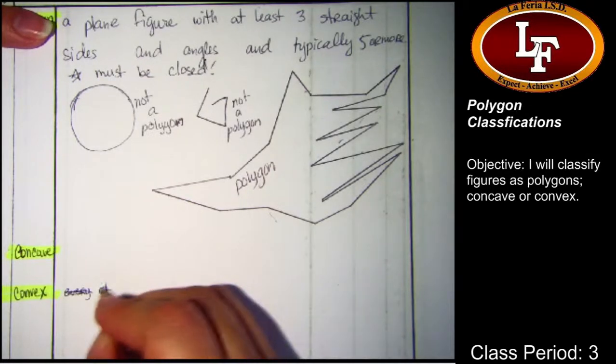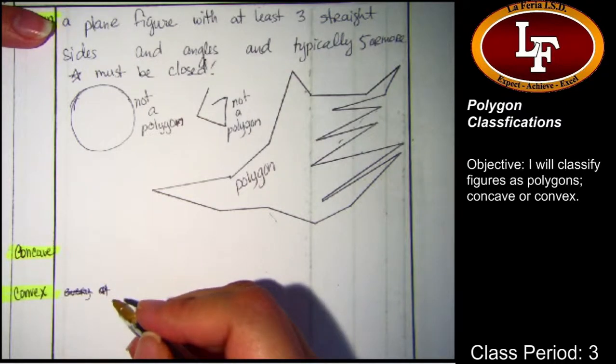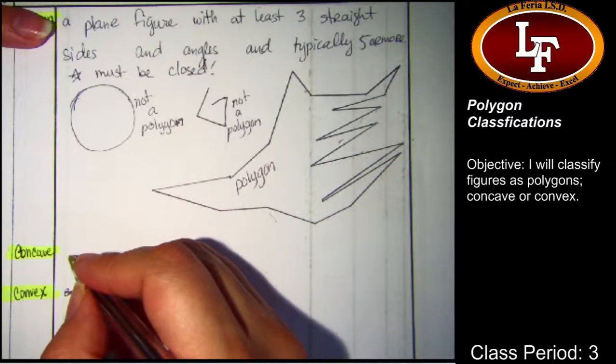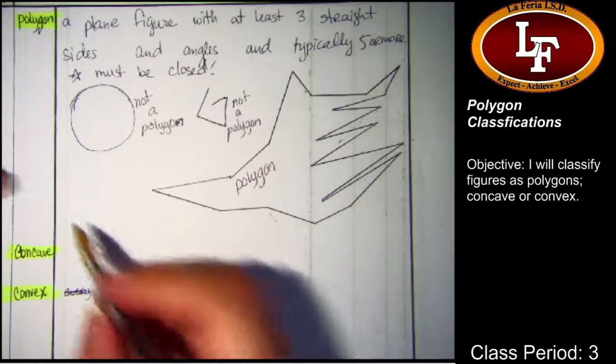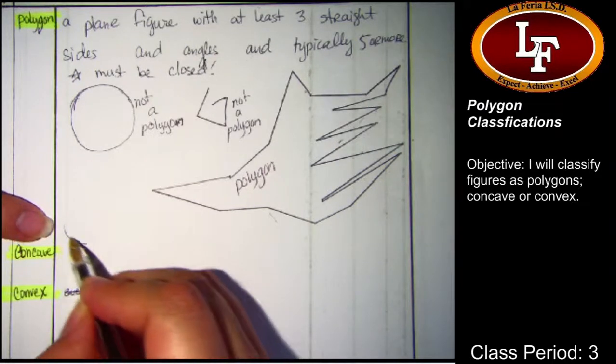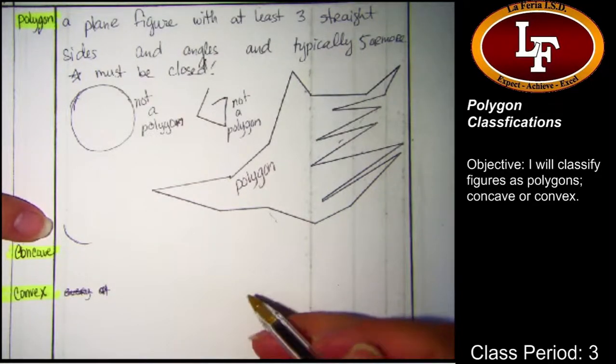Okay, there's another one. It's having an outline or surface that curves inward, like the interior of a circle or sphere. So if the exterior curves inwards like the inside of a circle, is that going to count for polygons?